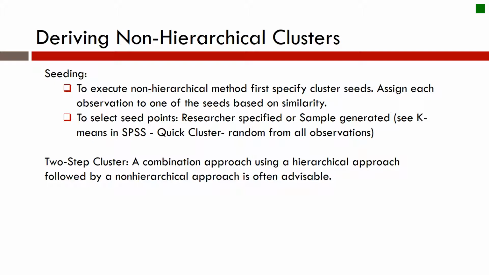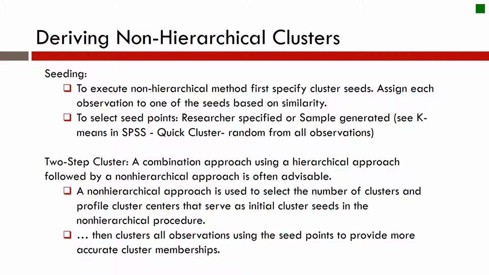There is also a method called a two-step cluster. In a two-step cluster, basically the data observations are assigned a cluster like you would in a non-hierarchical approach. And then the data is rerun using a hierarchical approach to confirm the membership of the observations to the clusters. So two-step cluster approaches are advantageous in that respect.